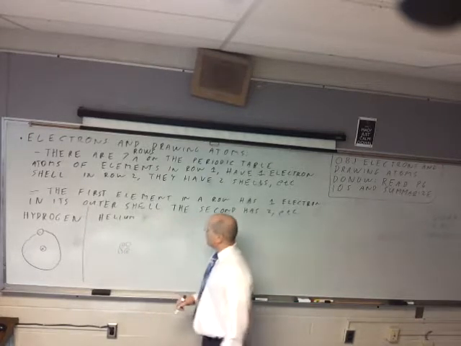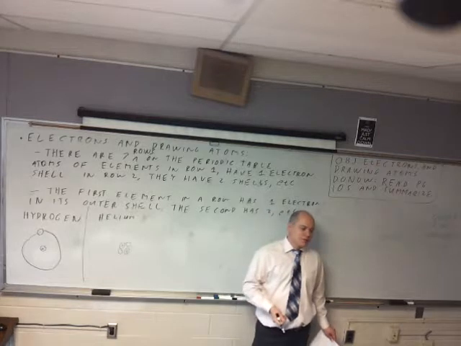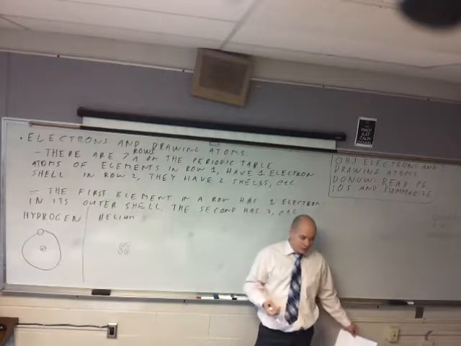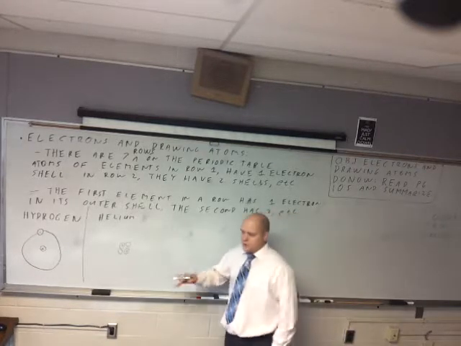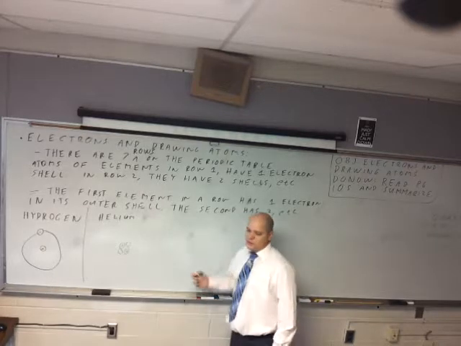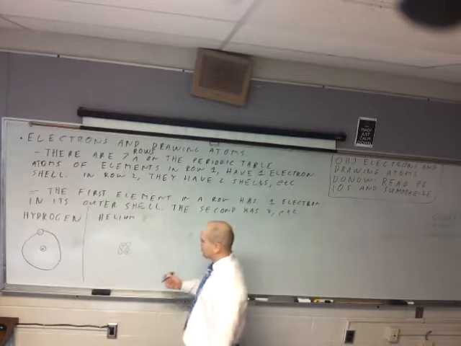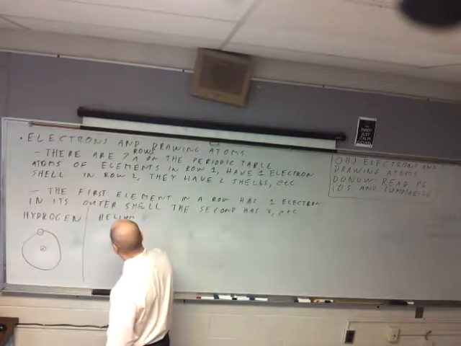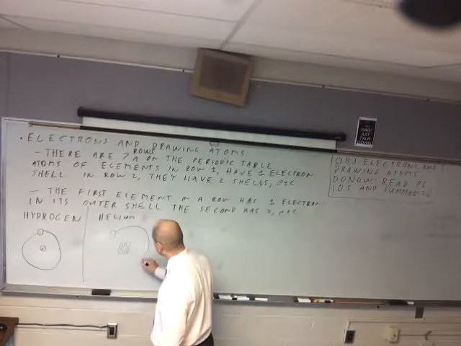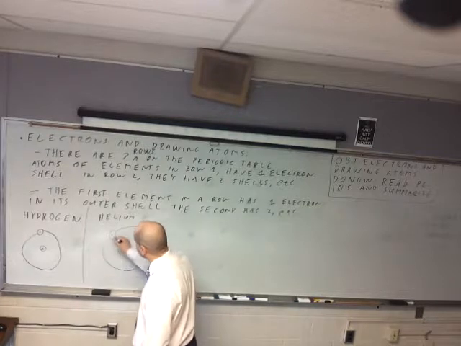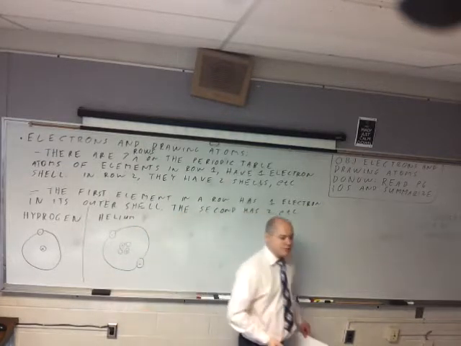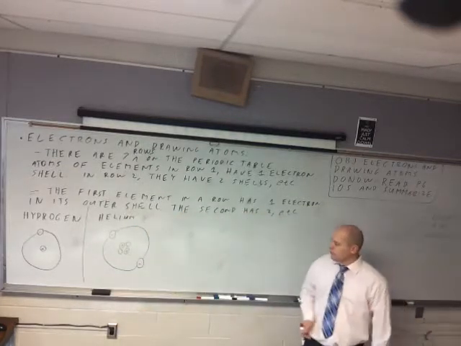Now, how many electron shells? 1, because it's in the first row. Hydrogen and helium are the first row on the periodic table, so each has 1 electron shell. How many electrons? 2, because it's the second element in that row. So 1 electron and another one. I like to put them on opposite sides because electrons repel each other, so they're probably going to be far away from each other. And that's it.